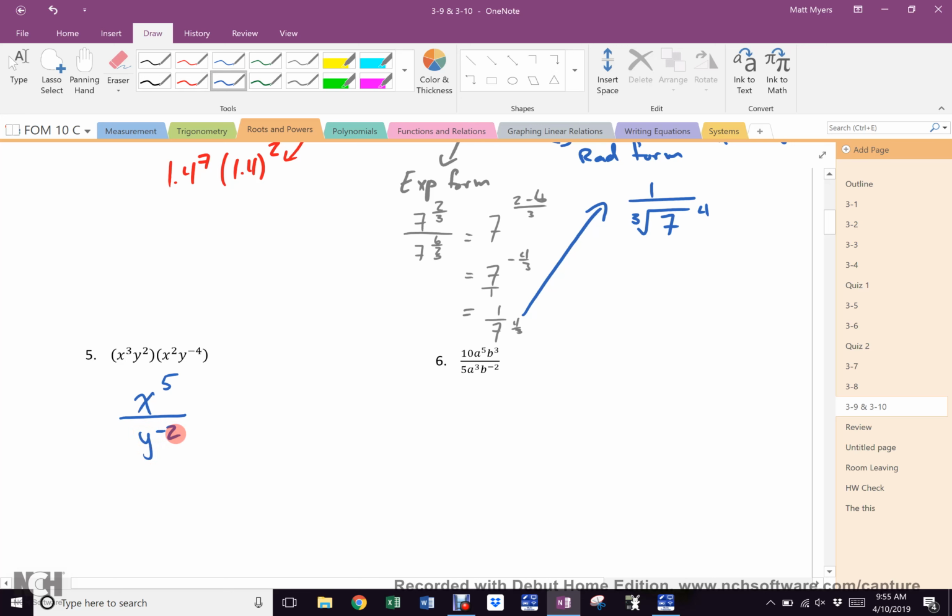Now listen to me. On the test next Tuesday, in the instructions, it's going to say in bold-faced type, no negative exponents are allowed. And a bunch of you are going to stop your work there, even though no negative exponents are allowed. You guys said x to the 5th, y to the negative 2, which is fine. That's the first step.